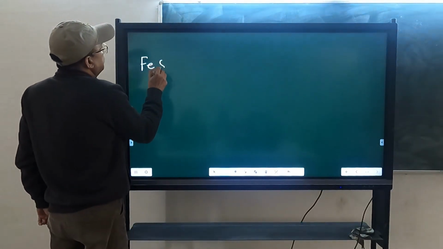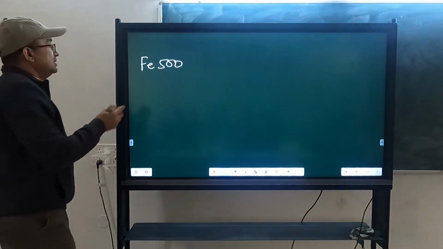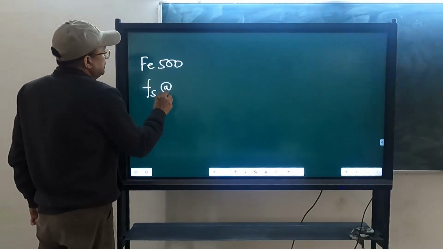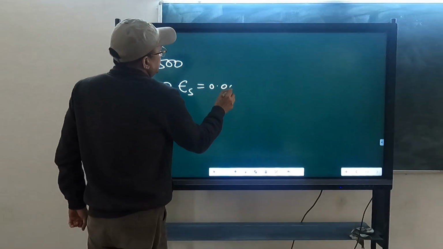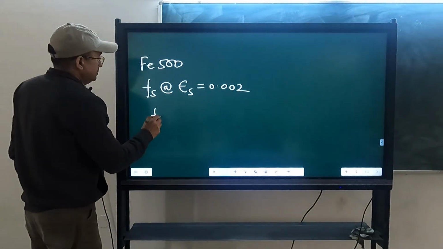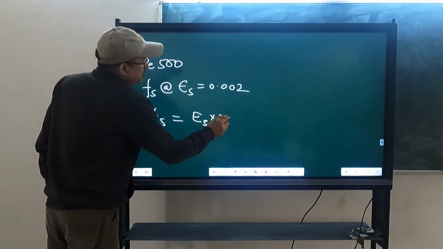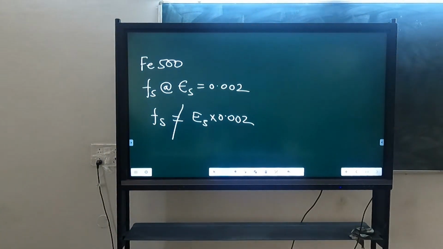This exercise we did in the last semester. What is the stress in steel at strain equal to 0.002? Let's see that. Is it Es into 0.002? No, it is not.